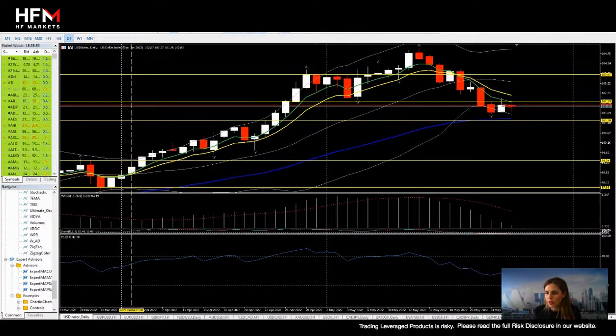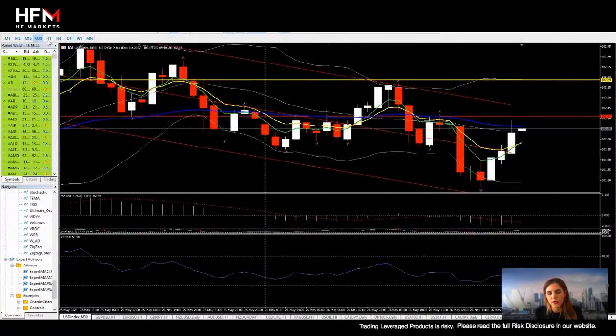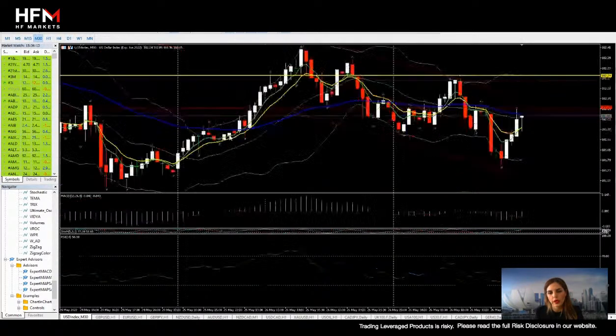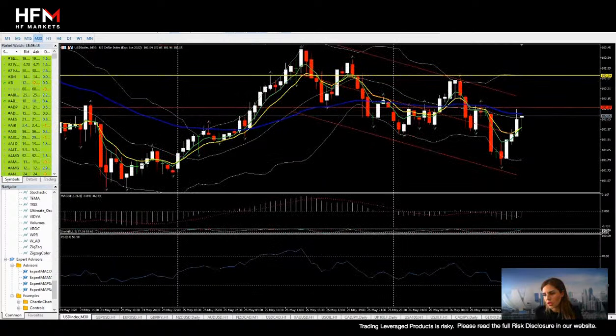So when we're having, yeah, in general, the data, I'm afraid, are a bit disappointing. So I will go down to the 30 minutes chart of dollar index to see whether this bounce will be sustained, even though based on the data, this looks unlikely.